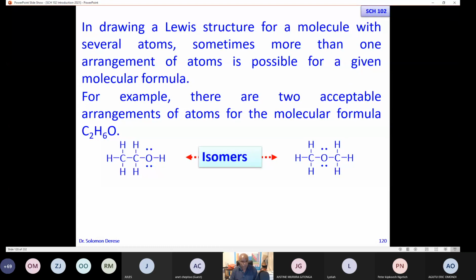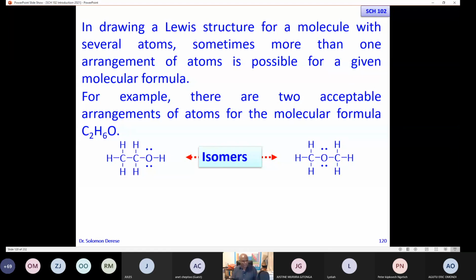So you can have isomers like this. The only way you can be certain about whether the structure is this one, the alcohol, or the ether is additional information. For example, you can do a test in the laboratory. You have a molecule that has got a molecular formula of C2H6O, and you do some tests with this molecule, which you don't know.